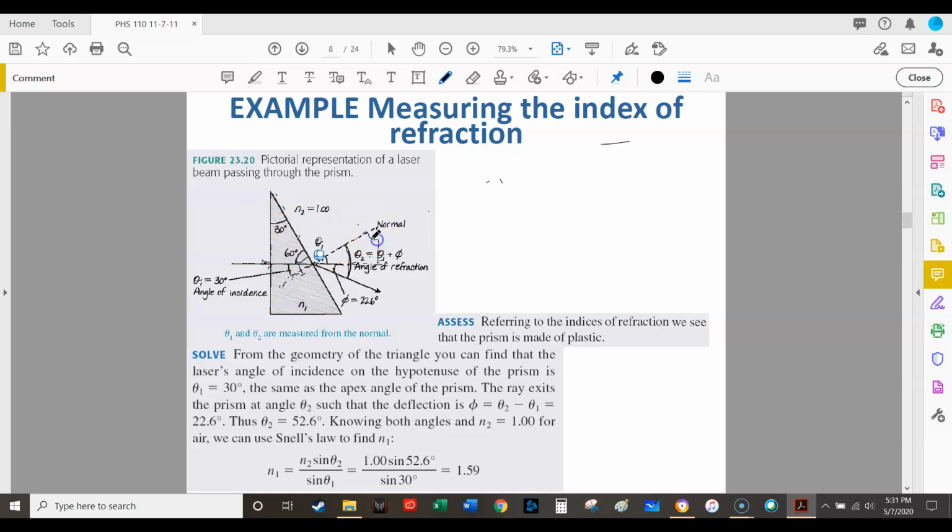This will be the 60-degree angle, and this is 90 degrees. That means this has to be 30 degrees. So to get the refracted angle, that is going to be that 30-degree angle plus the angle that we were given, which is 22.6 degrees. So that's going to be a total of 52.6 degrees as that refracted angle.